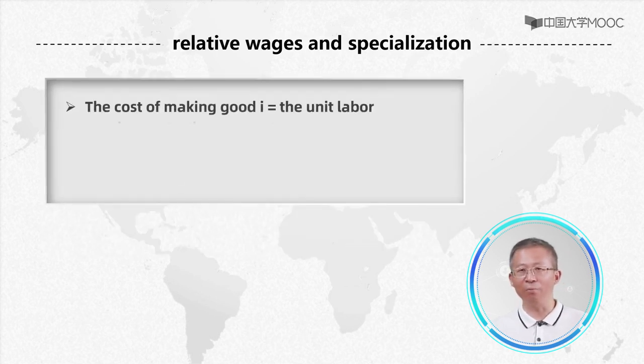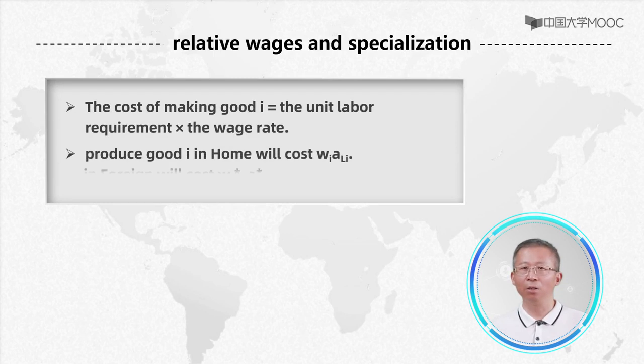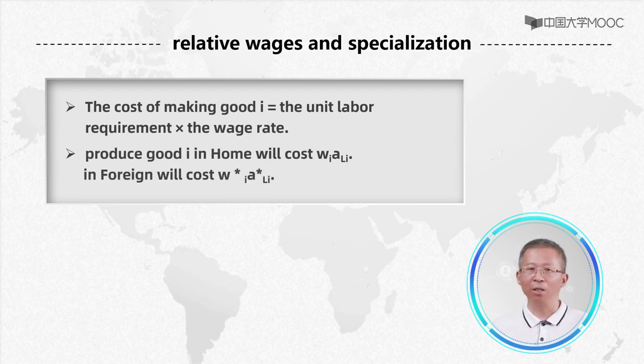The cost of making good I equals the unit labor requirement times the wage rate. So to produce good I in home will cost W times a_LI. To produce the same good in foreign will cost W star times a_LI star.